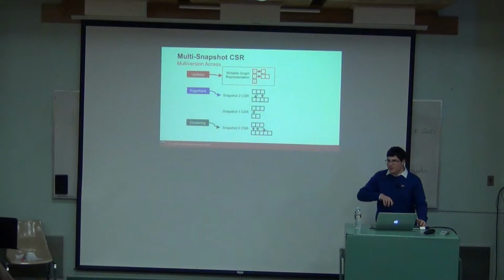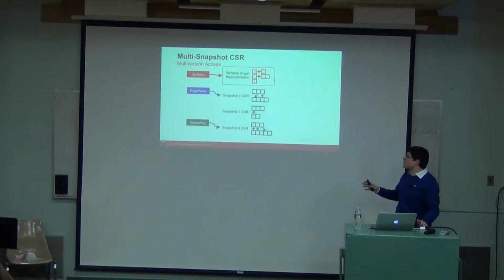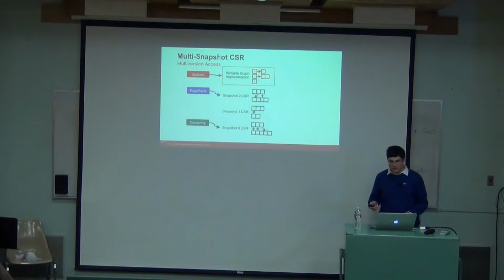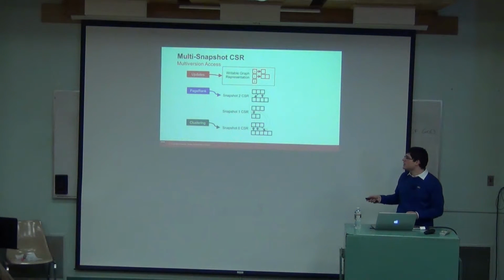So now I'll not talk about the writable graph representation because that's not really novel. Let me focus in the rest of the talk on this multi-snapshot CSR. Notice that we have one edge table per snapshot, and also, the way I drew it, there's one vertex table per snapshot.